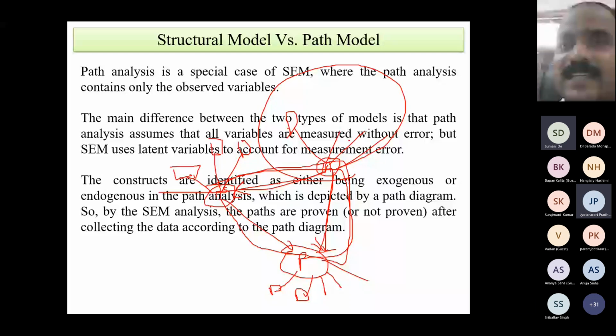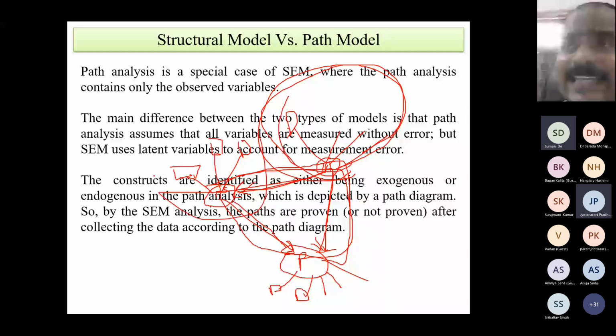Now we are saying that without those measurement aspects, only these 3 arrow marks, if tested, that is path analysis. How is it possible? That means you have already tested the measurement models, these 3 measurement models.